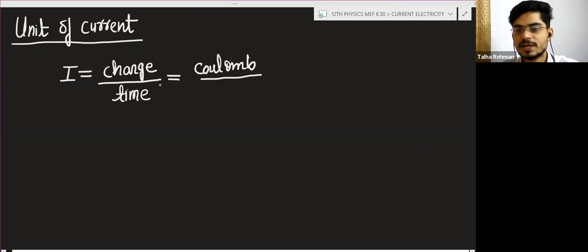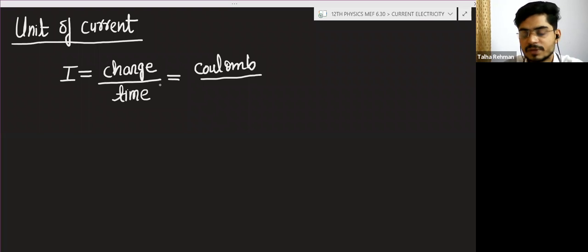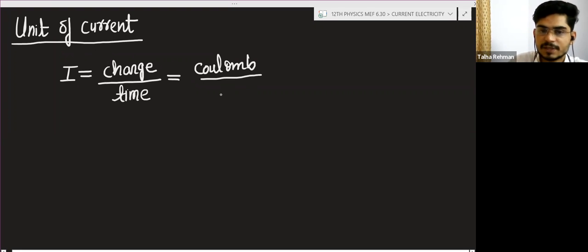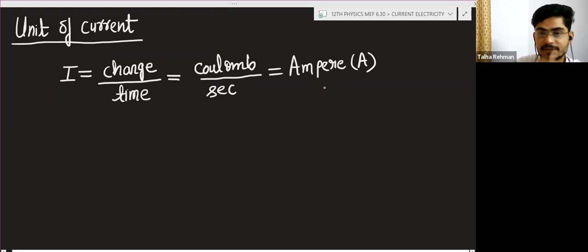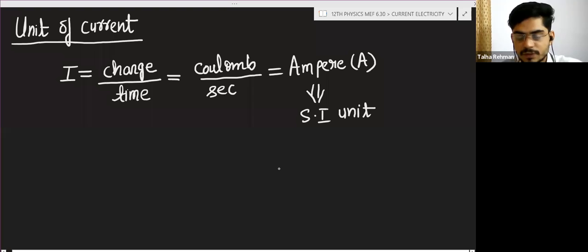Time can be in minutes, hours or seconds, but we are taking the SI unit of time, the second. This coulomb per second is known as ampere, and I will represent ampere with A. This ampere is the SI unit of current.